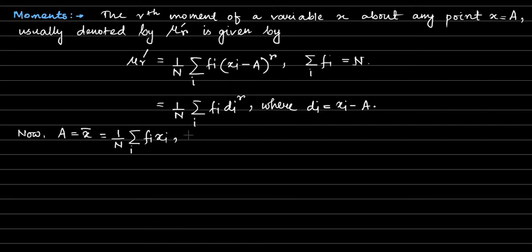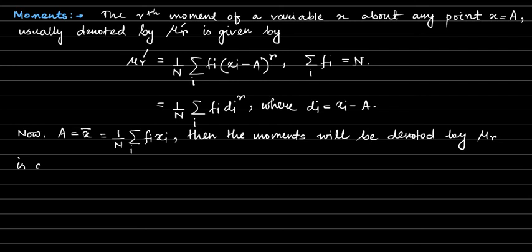Then the moments will now be denoted by mu r and are given by mu r is equal to 1 by n summation over i of fi into (xi minus x bar) to the power r. So we have replaced a by x bar.